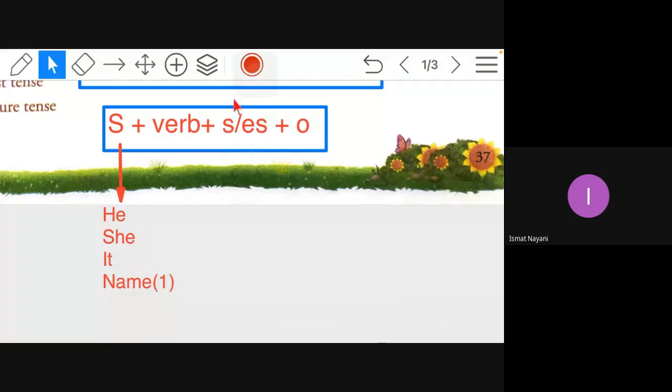Now tell me, when can we add S or ES with the verb? Okay, no problem. Iman Fatima, tell me, when do we have to add ES?